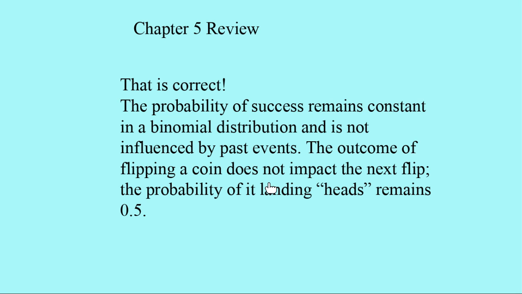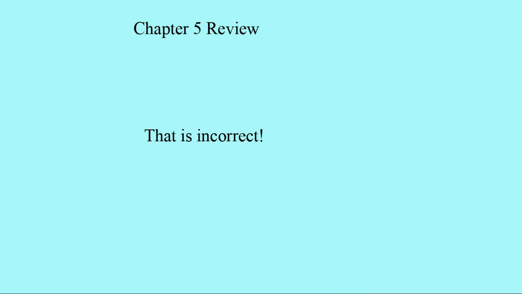So the probability of success remains constant in a binomial distribution and is not influenced by past events. The outcome of flipping a coin does not impact the next flip. The probability of it landing heads remains 0.5. Exactly what you said. Very good.